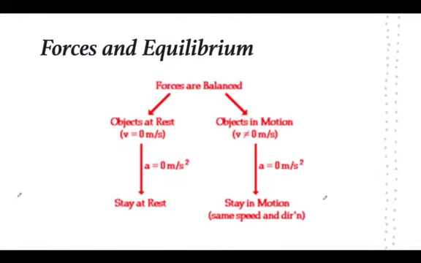When an object is in equilibrium, the forces are balanced, which means that the object is either at rest or moving with constant velocity. Since the forces are balanced, the object will either remain at rest or stay in motion with the same speed and the same direction.